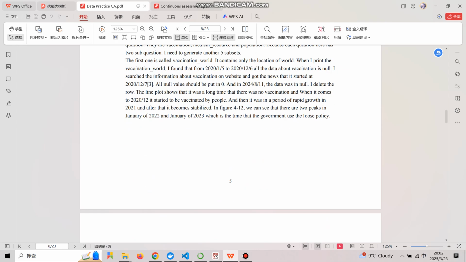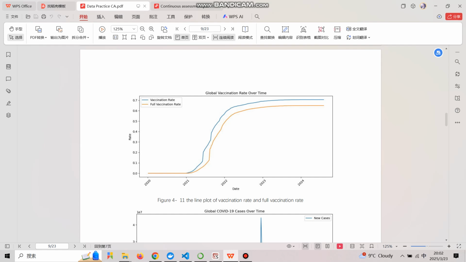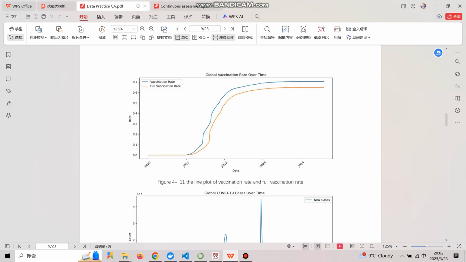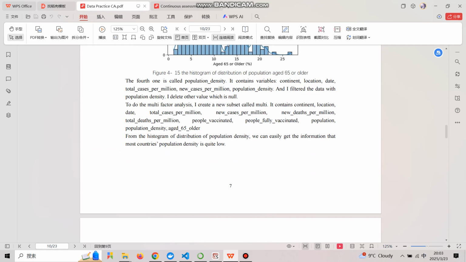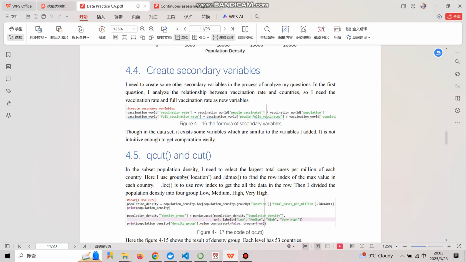From that we made some frequency calculations and used visualization to show the tendency and changes of each variable, and the distribution of some variables.